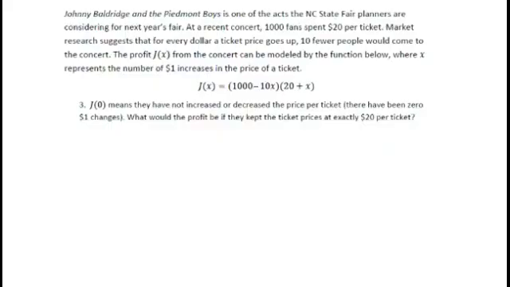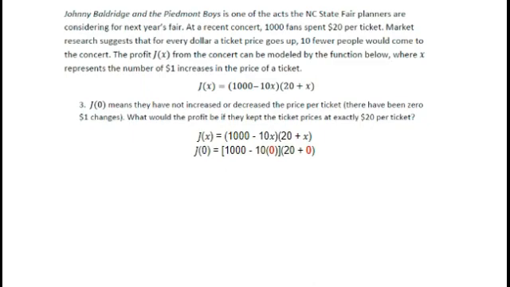Number 3 says J of 0 means they have not increased or decreased the price per ticket, meaning there have been zero $1 changes. What would the profit be if they kept the ticket price at exactly $20 per ticket? So instead of the function being set equal to J of x, we're going to set it equal to J of 0, and wherever we see an x, we're going to substitute in 0.